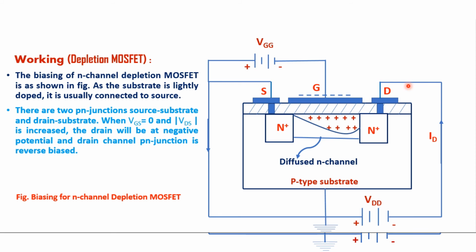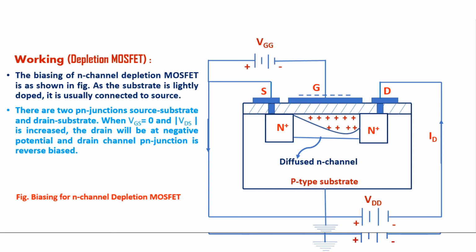The conventional drain current flows through the channel, that is from drain to source. Since the gate is short circuited to the source and the gate is at negative potential with respect to the drain, positive charge consisting of holes is induced in the channel through the silicon dioxide of the gate channel capacitor. This results in a depletion of mobile electrons in the channel, which causes a depletion region in the channel.